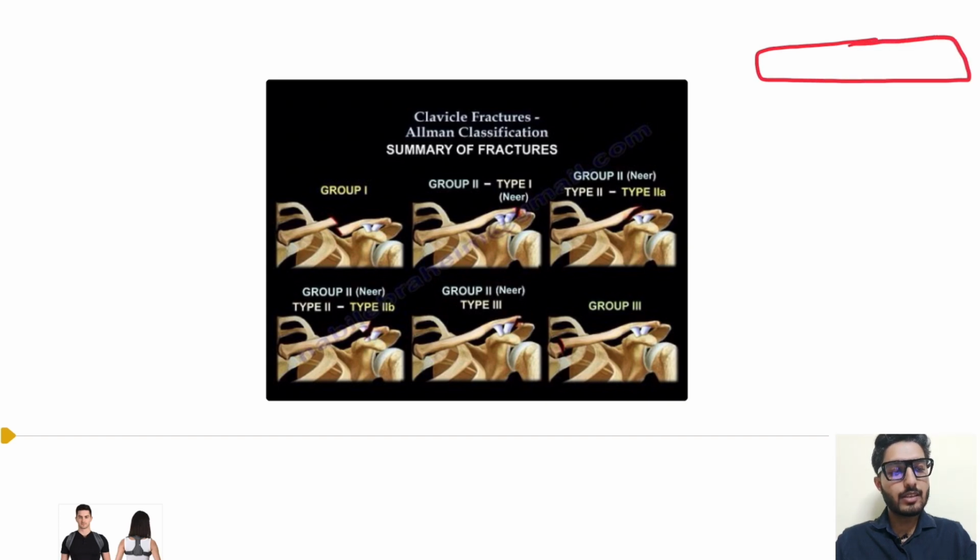Suppose this is a clavicle, just divide it into three parts: this is the first part, this is the second part, and the middle one is the third part. The Allman classification classifies the fracture of the clavicle into three groups: group 1, group 2 and group 3.